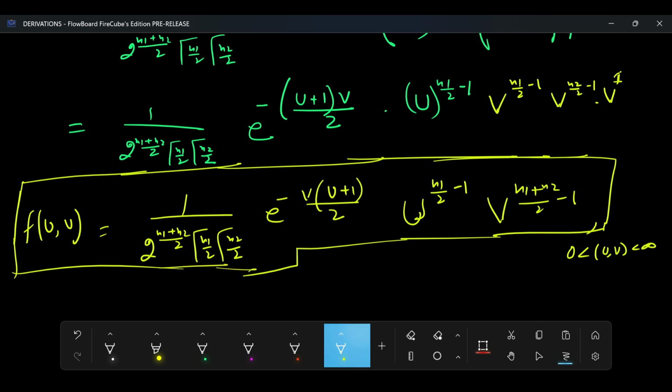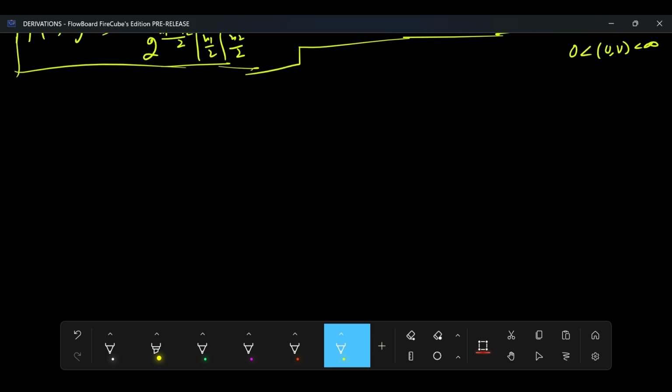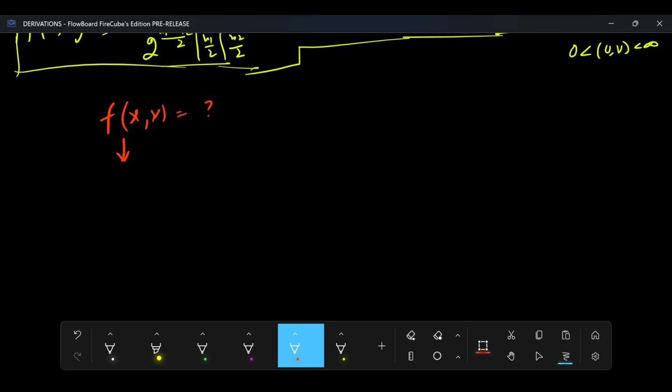Now if we take the marginal of u, see here is a concept. If you are given f of x comma y, let's suppose this is some function, if you need the marginal of x, then integrate with respect to y.